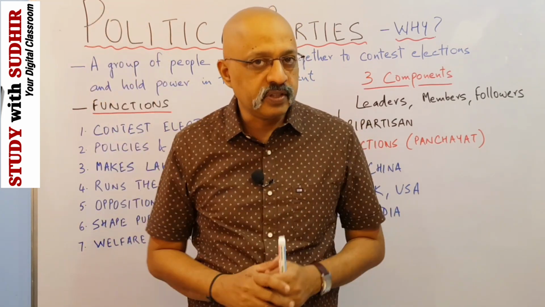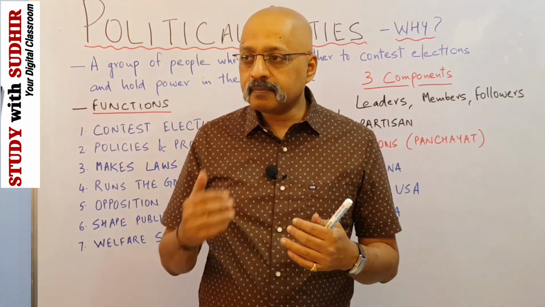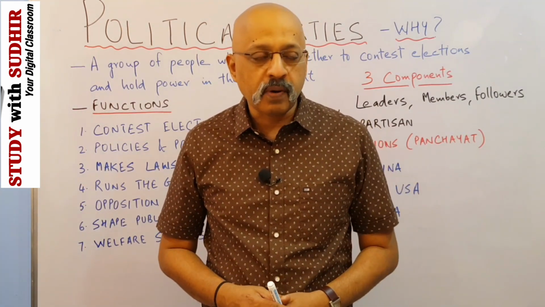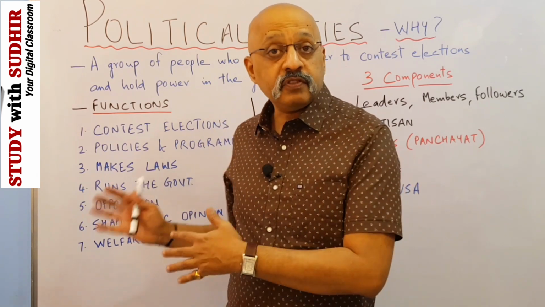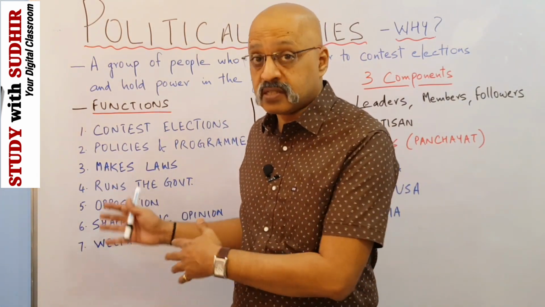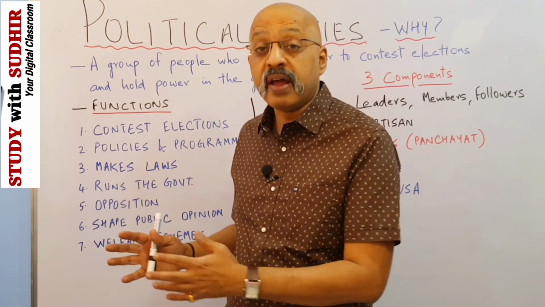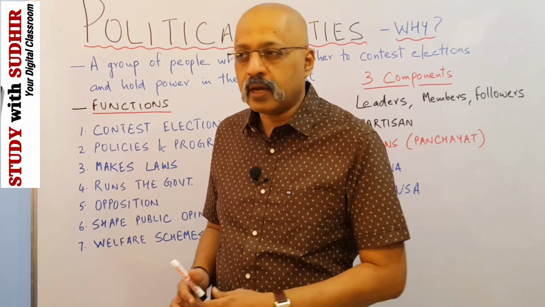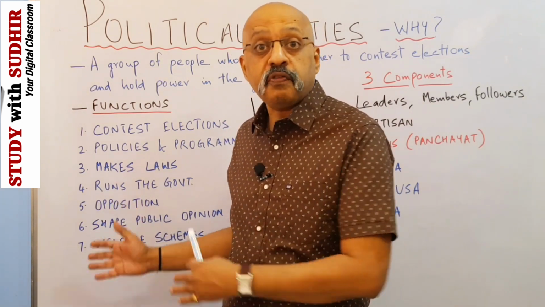They will register themselves with the Election Commission of India, and come election time, they will go to the main political parties and say, okay, I have the support of 2,000 people or 5,000 people of my caste, of my community, of my region. If you help me, financially mostly, I will promise you these 5,000 votes.